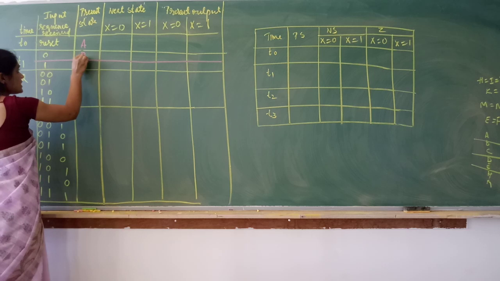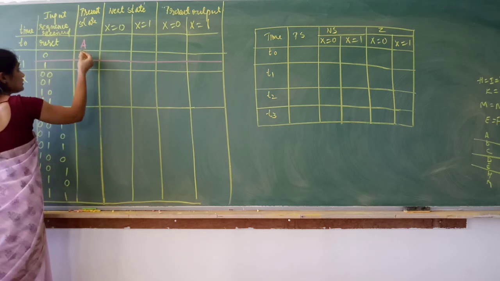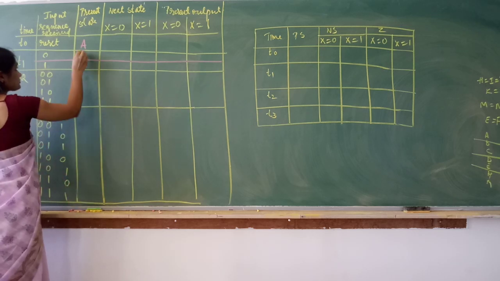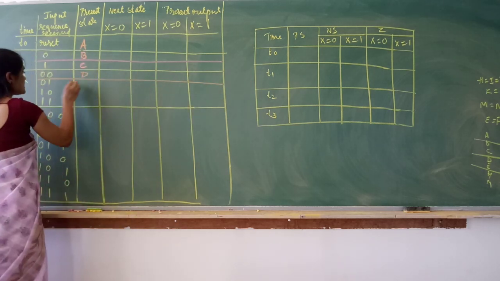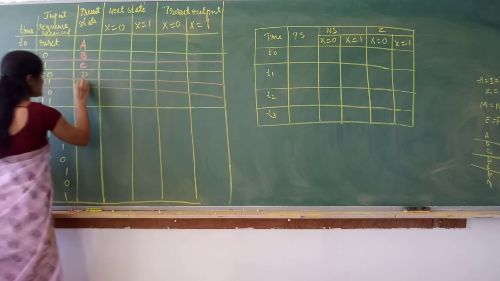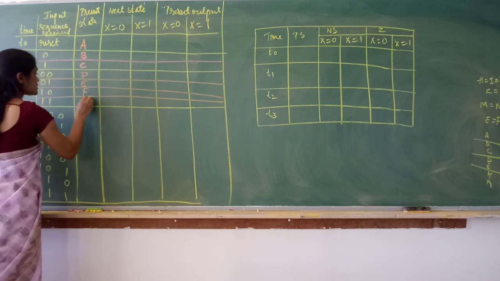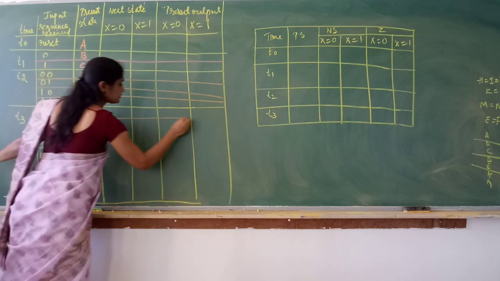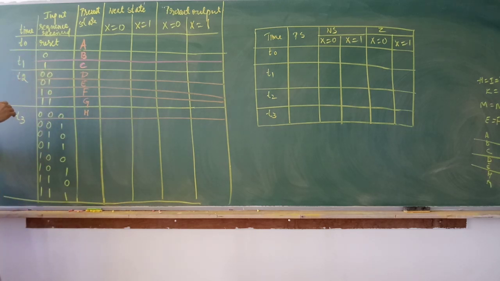This I take as B, C. Okay, this is A, B, C, and this state I will name D. A, B, C, D, E, F, G, H. The reason why we are naming these states is that it will be simple for us to write the next state. That is the only reason why I am giving names for each of the states.